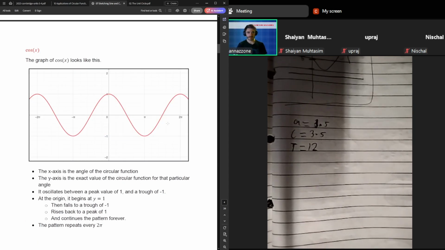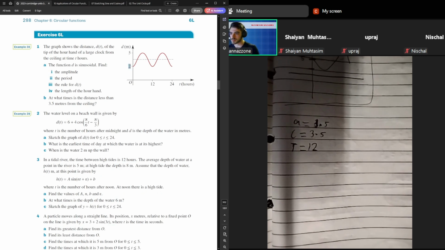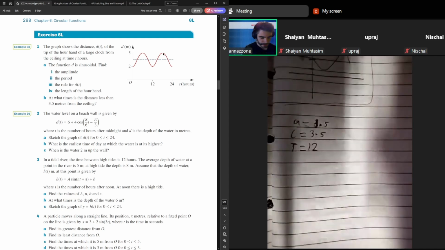So if you can observe that your circular function starts at the top or at the bottom, you have a cosine. If it starts at the top, it's a positive cosine. If it starts at the bottom, it's a negative cosine because it has a trough value instead of a peak. So this one would be easiest to start with a negative cosine. That being said, you can still solve with a sine anyway.